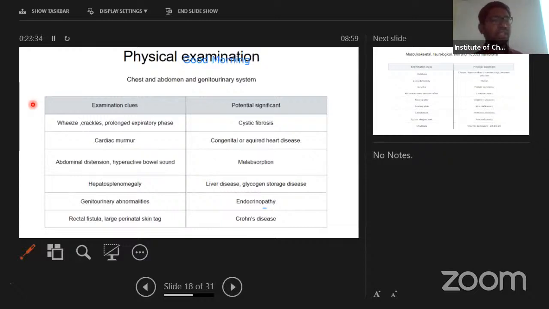In Crohn's disease, rectal fistula and perianal skin tags are present. Congenital adrenal hyperplasia.